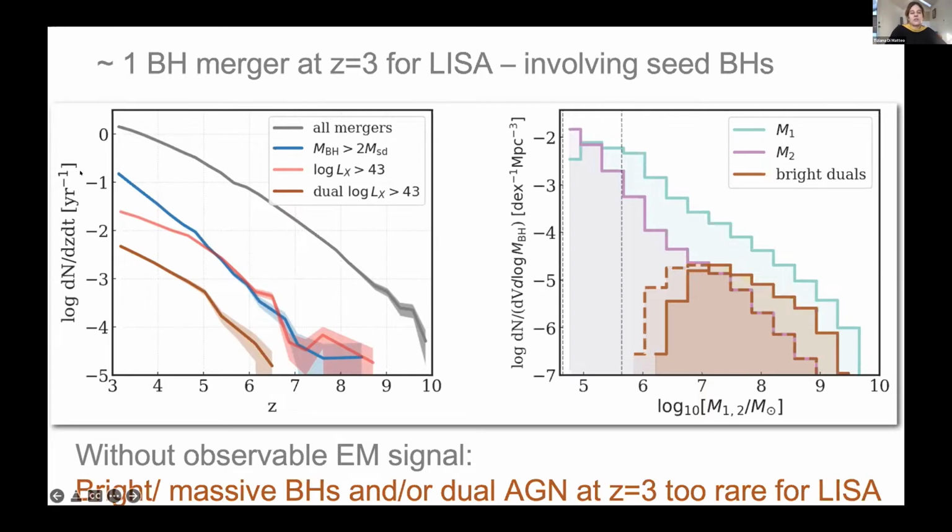So these are predictions of merger rates for LISA, because these will occur in the frequency that are relevant for space gravitational wave interferometry such as LISA. And this is the number of mergers as a function of redshift, about redshift 3. That is split up in various samples, but the bottom line is that above these redshifts, we are not going to see many mergers.